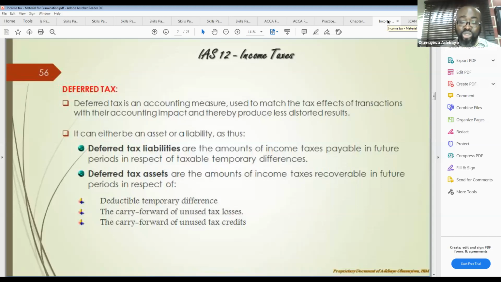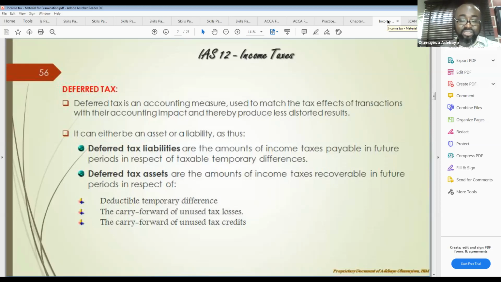And for you to appropriately match what expense to what income, the accrual principle has to be followed in full. And that is the reason why we don't only capture the actual tax consequence in relation to the law, but we capture the total tax consequences. The difference between the actual and the total represents the deferred.